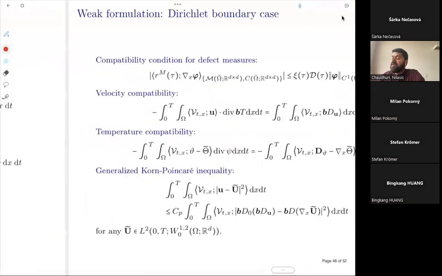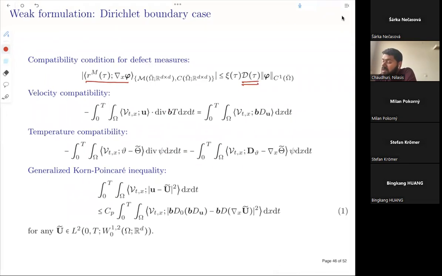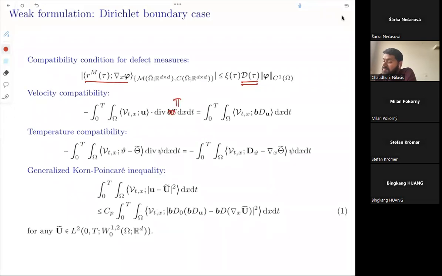And this additional hypothesis that we get: the first thing is that the defect coming from the momentum equation is bounded by the defect present in the ballistic energy inequality. And the next one is that the temperature and the velocity in general are in some better space, even at the weak formulation level.